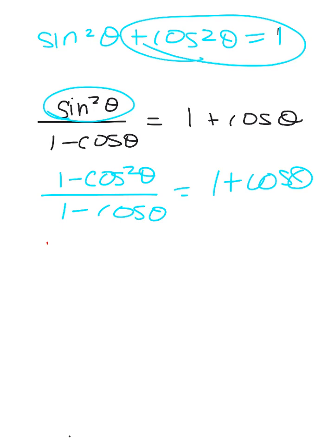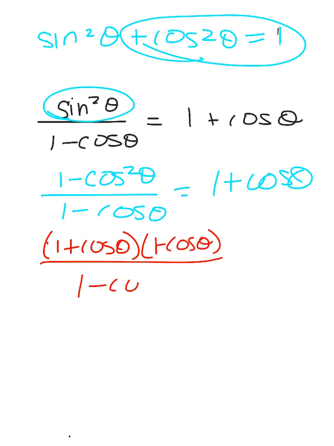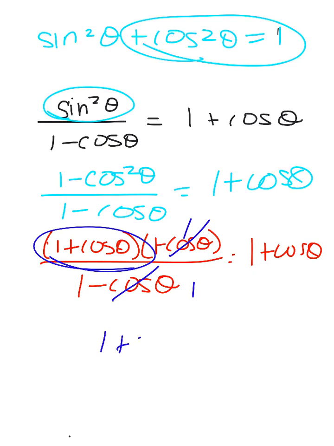I get 1 plus cosine theta times 1 minus cosine theta over 1 minus cosine theta. So I can reduce the 1 minus cosine theta with 1 minus cosine theta. They reduce to 1. So then I'm left with 1 plus cosine theta equals 1 plus cosine theta.